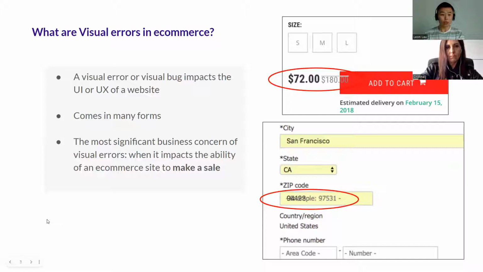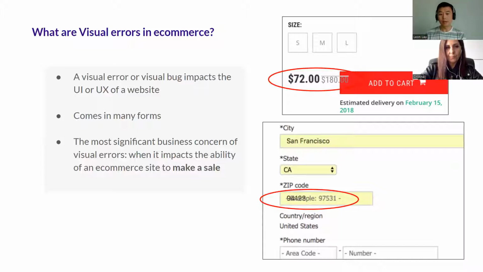With these issues that we see, it may initially seem like minor UI issues, but I can see this really affecting the user experience to the point that the conversion is possibly affected. And for most businesses, this is the most significant concern when it comes to visual errors, when it impacts the ability of e-commerce stores to sell their products.